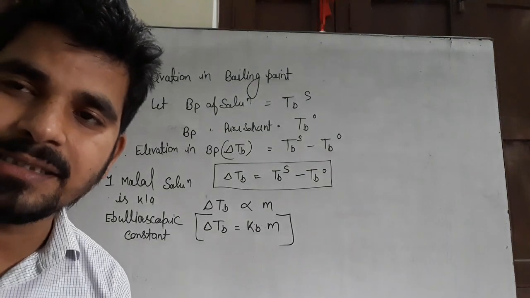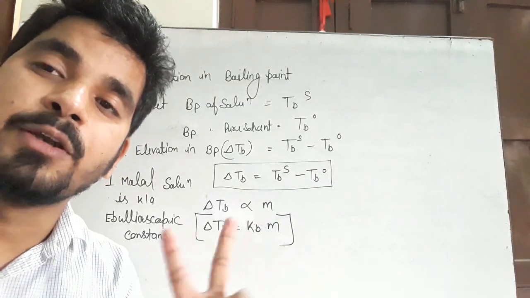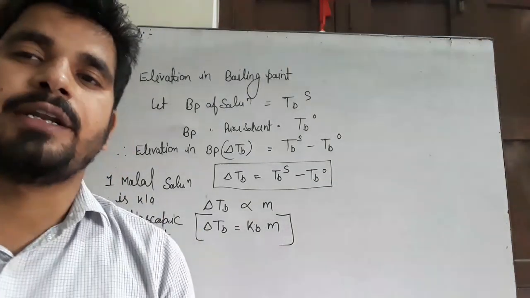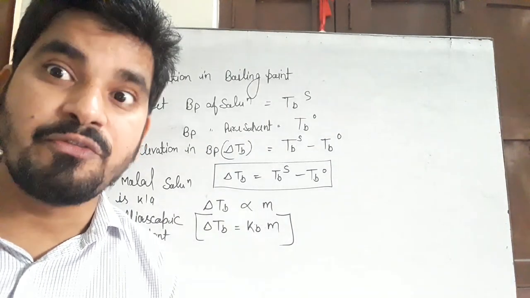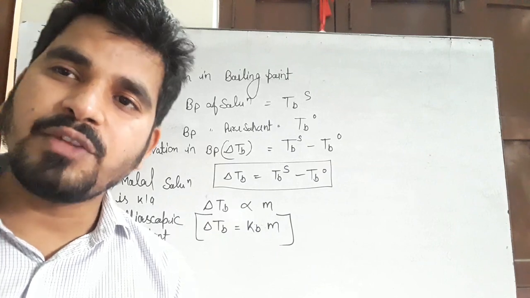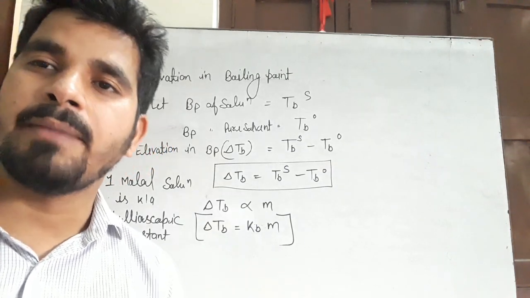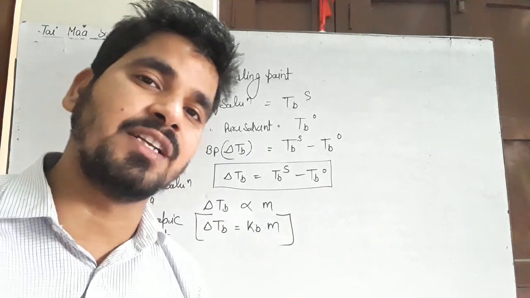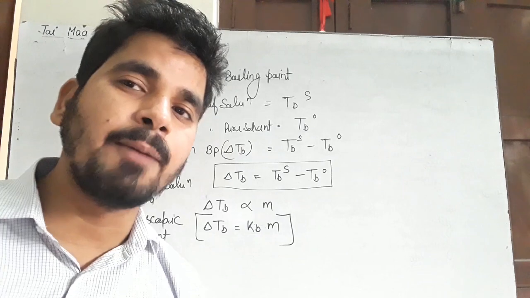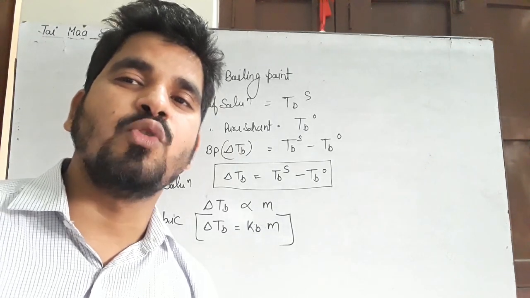Ebullioscopy is also a temperature point, but it is called elevated, because there are two terms you all have to be familiar with: cryoscopic temperature and ebullioscopic temperature. Keep in mind, everybody, the ebullioscopic temperature is the elevated, increased temperature, and the cryoscopic temperature is the decreased, very low temperature.